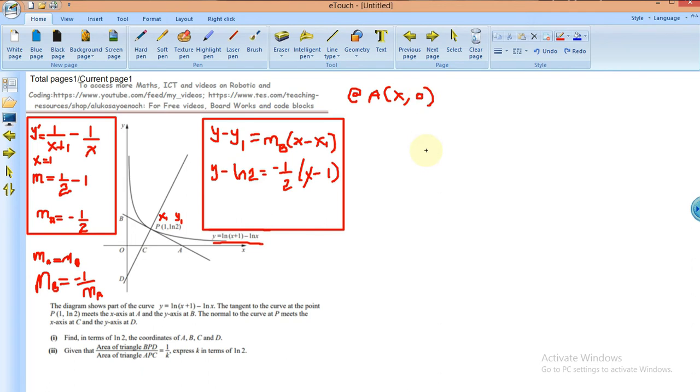So what do we have at A now? At A now, we have y minus y1. I'm still working with this equation.